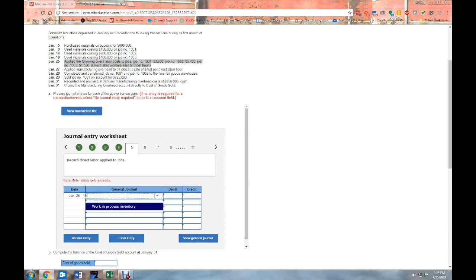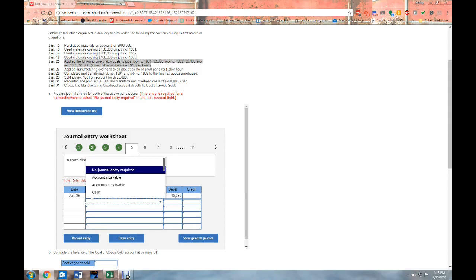Okay. So work in process inventory still gets those costs. These are just direct labor instead of materials. So all three costs, our production costs, are capitalized: direct materials, direct labor, and overhead. This cost stemmed from direct labor. So $10,350 comes out of our direct labor account into work in process.